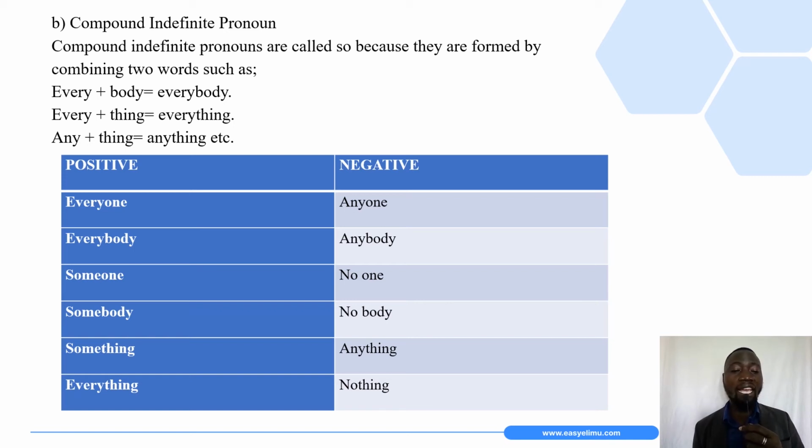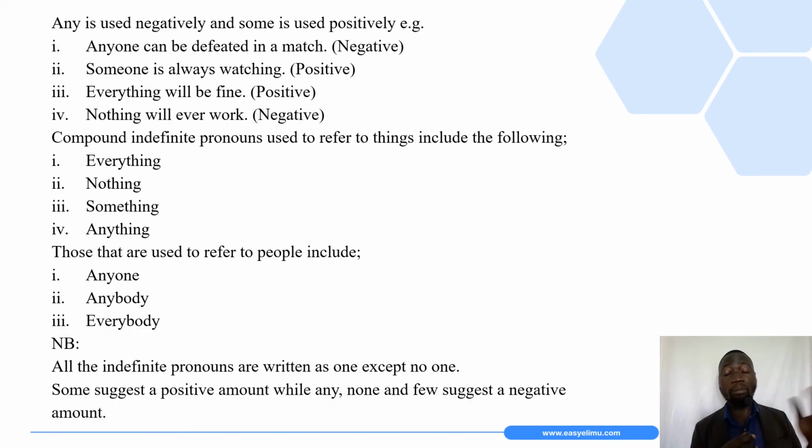On the positive side, once again, we have something. Then on the negative side, we have anything. Then lastly, on the positive side, we have everything. Then on the negative side, we have nothing. So dear students, just to remind you, we have two main types of indefinite pronouns.